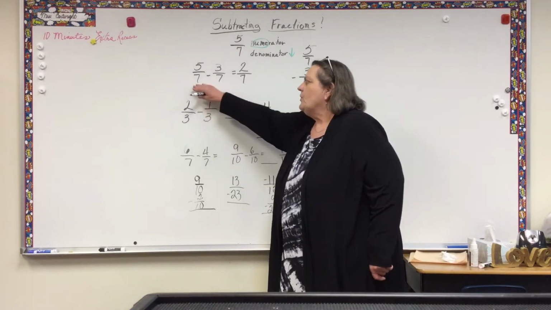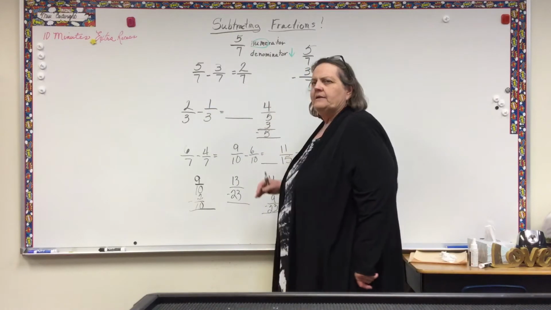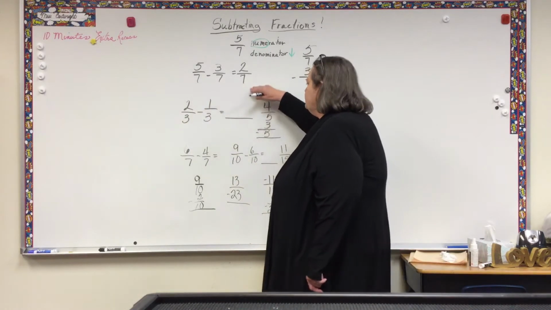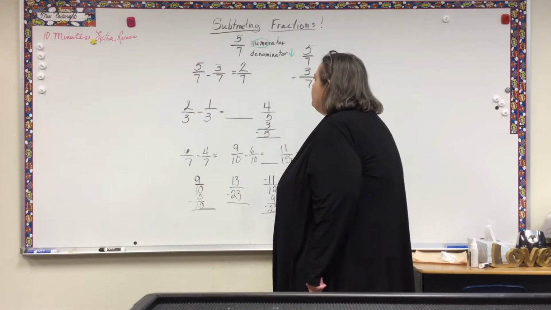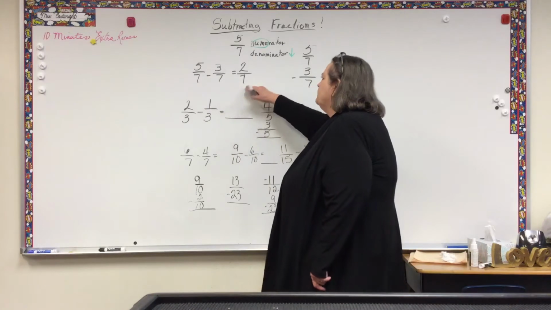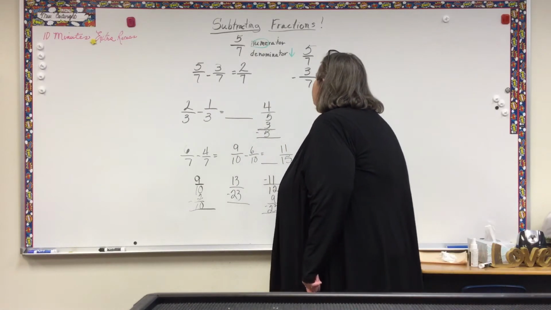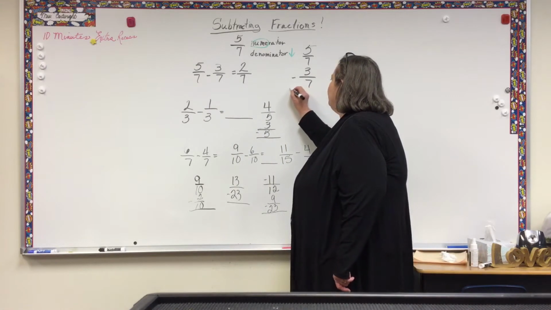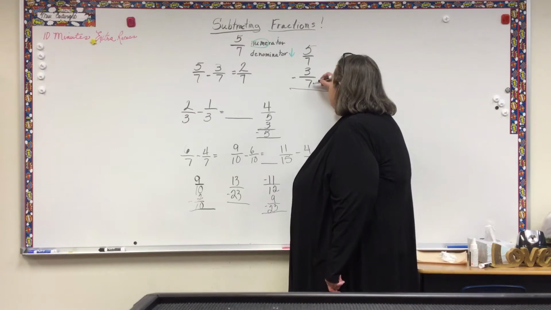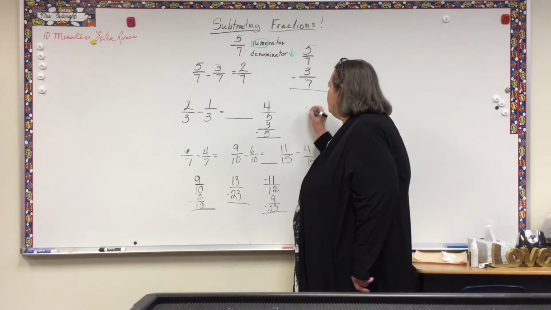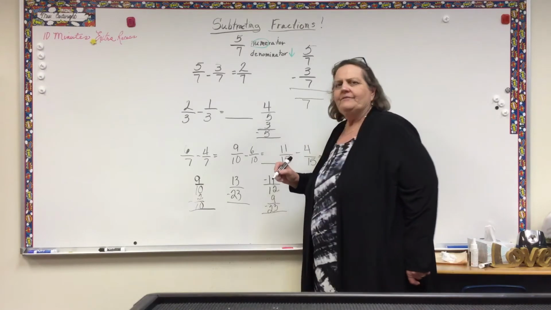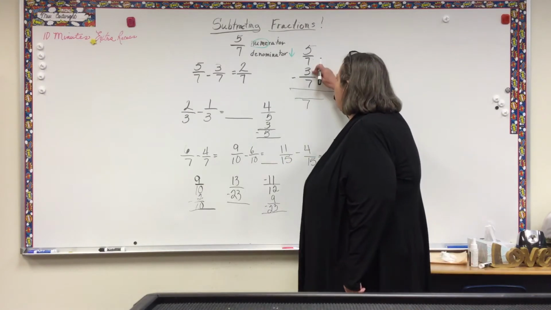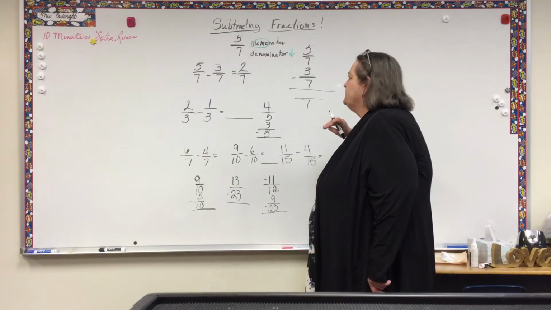We can do them horizontally, which is sentence length like this, and then we can do them vertically, up and down. So we can do them sideways or up and down. The same thing is important, that the denominators are the same. And when they are, you just bring the denominator down. And all we have to do is work the numerators.